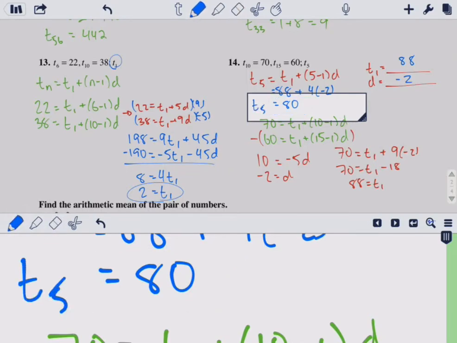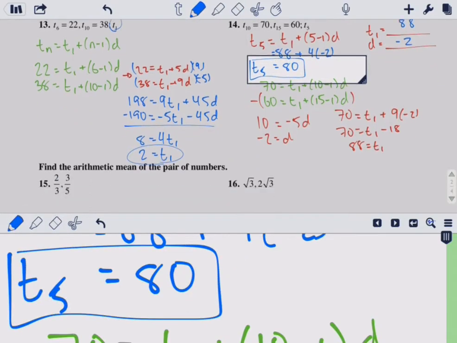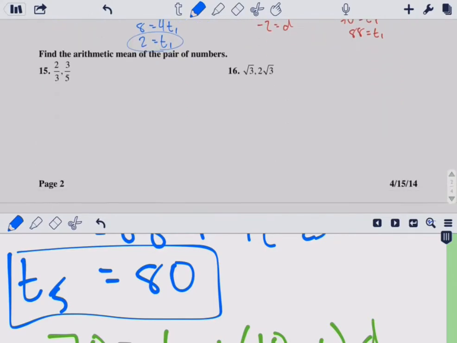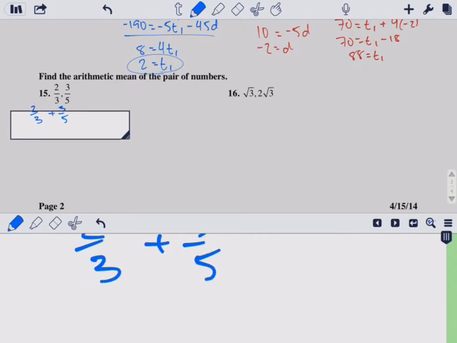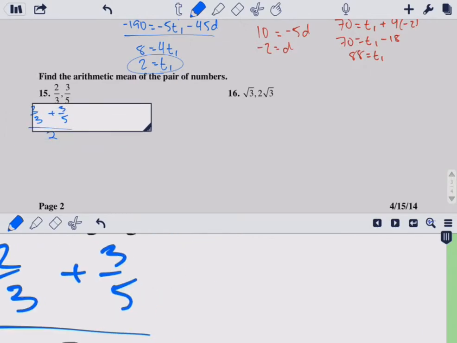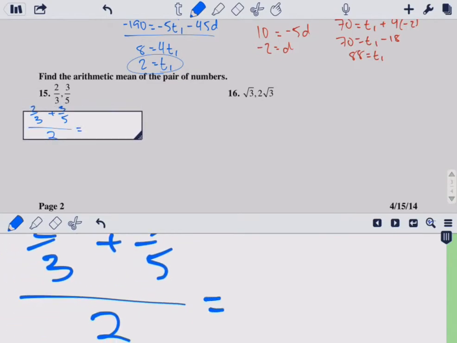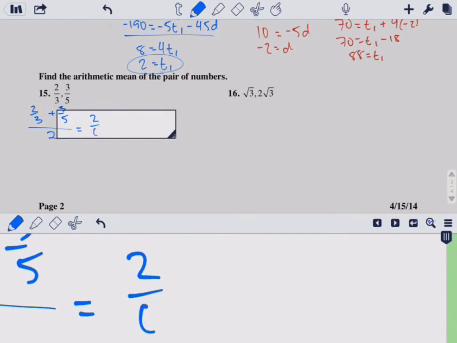Okay, find the arithmetic mean of the pair of numbers. That means we add them together and we divide by 2. Okay, so that's the same thing as 2/6 plus 3/10.